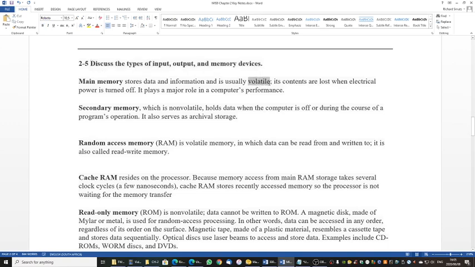The word volatile means it can be written and erased. It's not there forever, such as, for example, if you write a CD-R, your information is there permanently, and if you want to change it, you would have to throw that away and write a new CD.